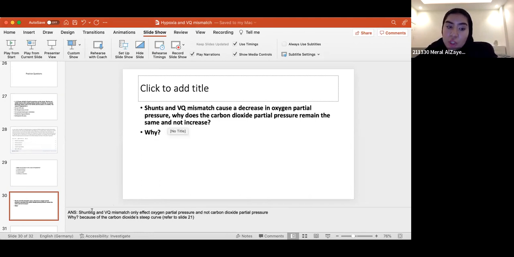Okay. So we said 3 things. What are the 3 things that only affect oxygen and not carbon dioxide? Yeah, 3 things. So shunting, and there are 2 other things. One of them is written here.